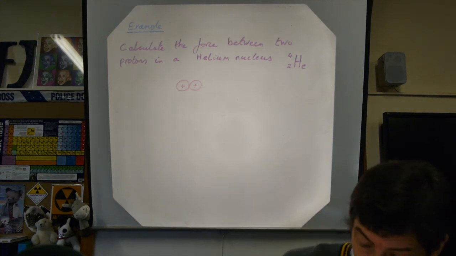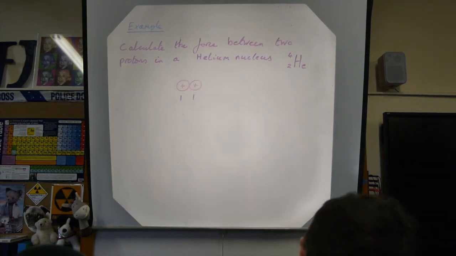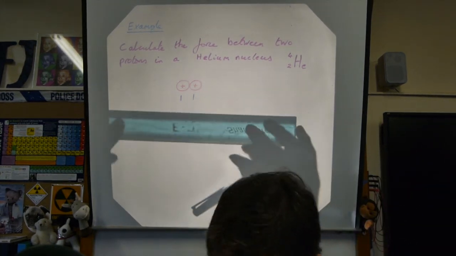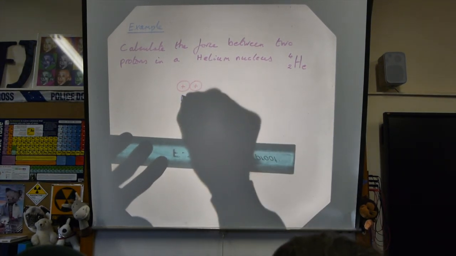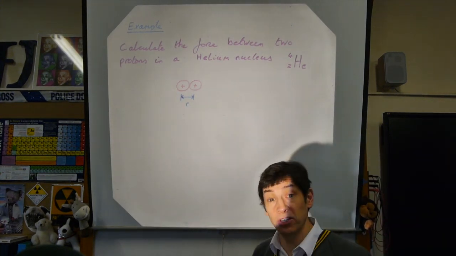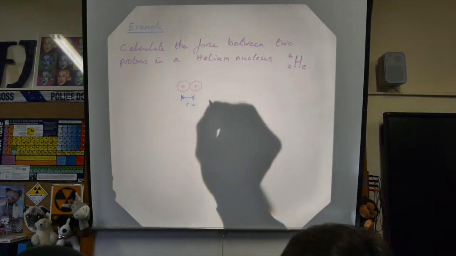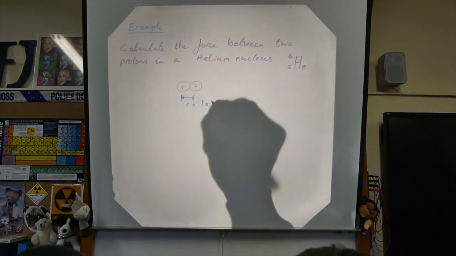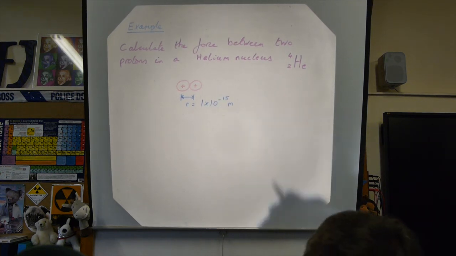So these centers are separated by a distance r, and it's pretty much the diameter of a proton. So should we make r equal to 1 times 10 to the minus 15 meters?